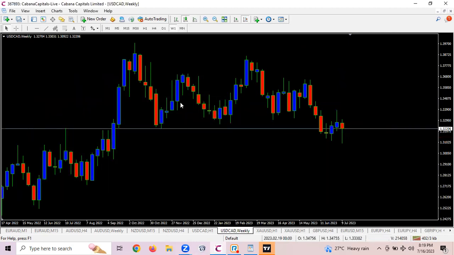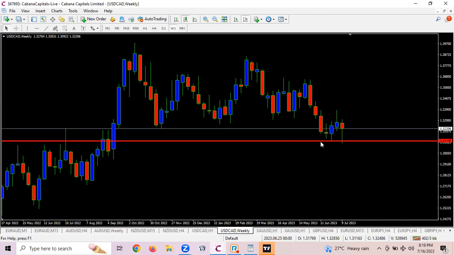So what do we have on the weekly? You could see last week candle tested this low. What they actually did was to hunt for the stop losses at this level, clear liquidity at this low. And the market closed above the low of previous candle.